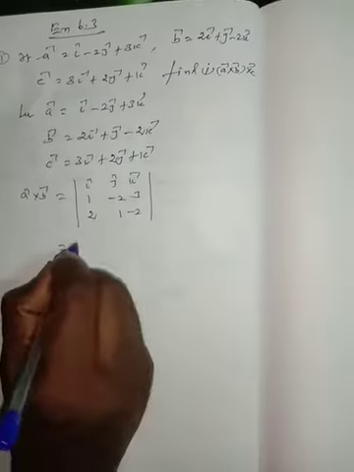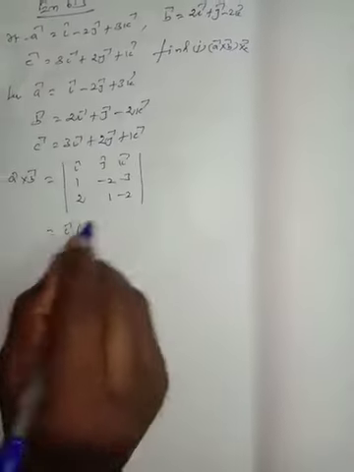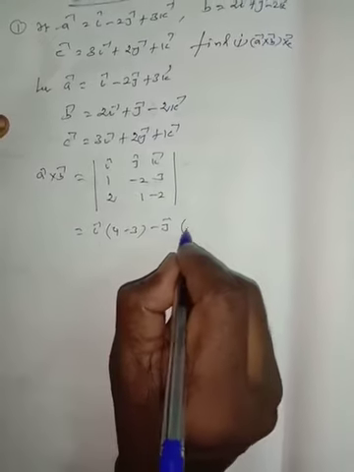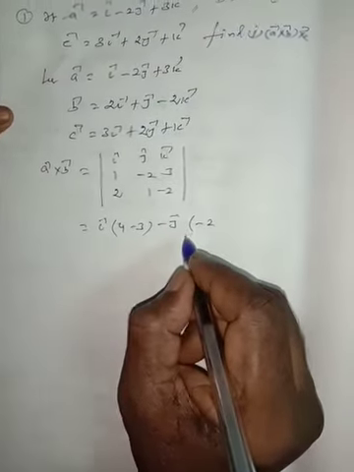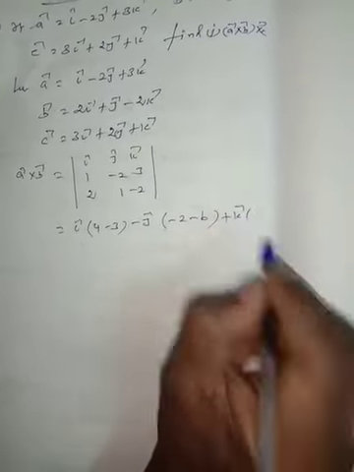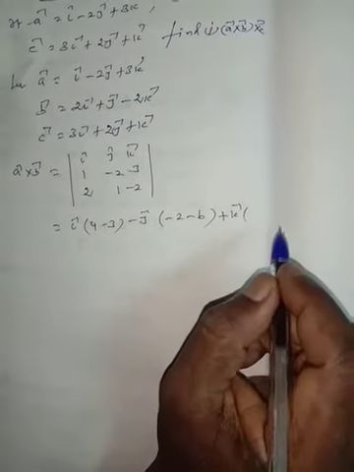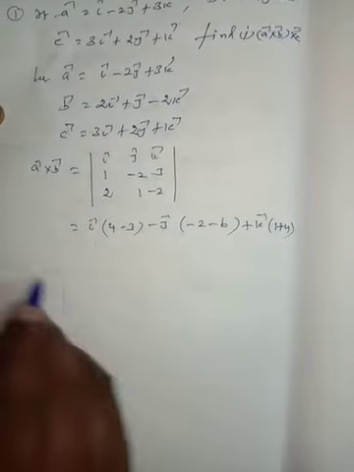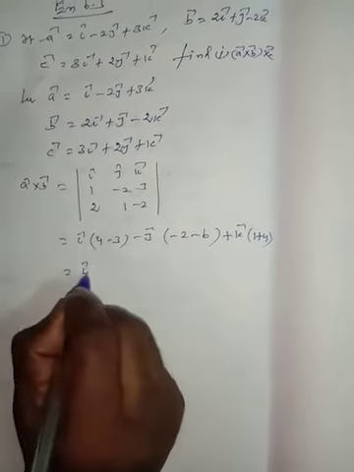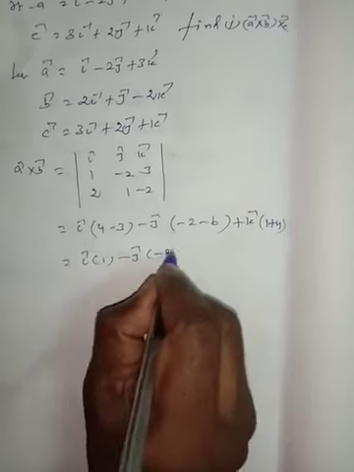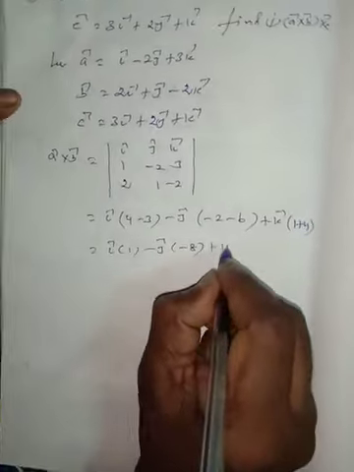Expanding this: i vector into (4 minus 3), minus j vector into (minus 2 minus 6), plus k vector into (1 plus 4). This is i vector into 1 minus j vector into minus 8 plus k vector into 5.